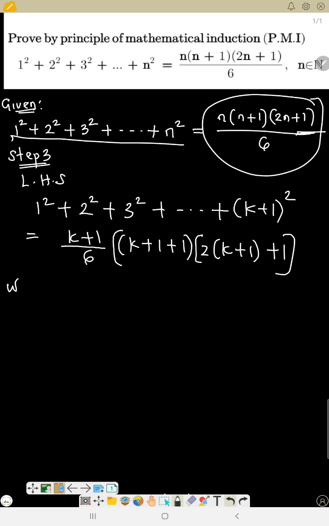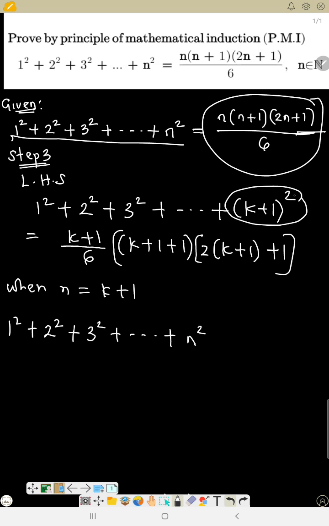When n equals k plus 1, all the k plus 1 I have here, I'll change back. So this will be 1 square plus 2 square plus 3 square plus n square. So k plus 1 is n, like n squared.